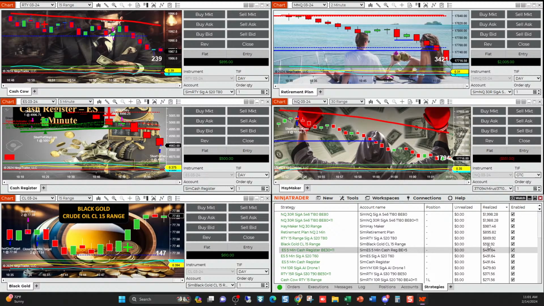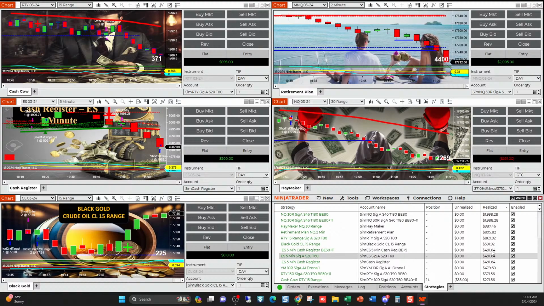So this is one of those that do break even plus 5 ticks, and it must not have gone back on any of the trades yet today, and it still stayed with the same amount of money. So I'm running a lot of them like this, where I'm trying to see if the break even makes sense, makes profits. I've got quite a few of them running, trying to see if there's one way better than the other.